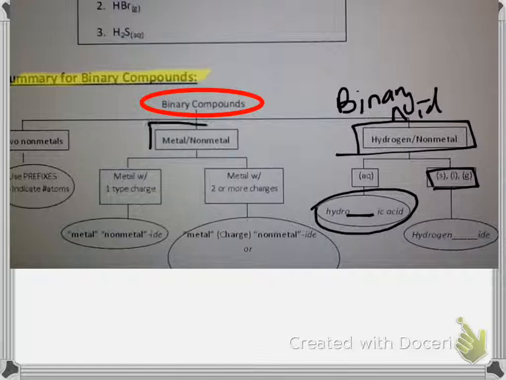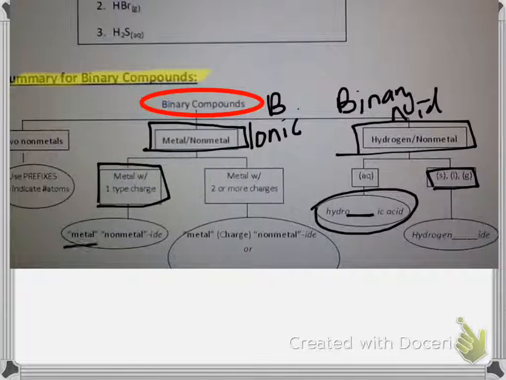If you have a metal and a nonmetal, you have an ionic compound, a binary ionic compound. Remember, ionic compounds are always named cation, anion. If you have a metal with one type of charge, this is very easy. You just name the metal and the name of the nonmetal ending in "ide." An example of this, NaCl, sodium chloride.